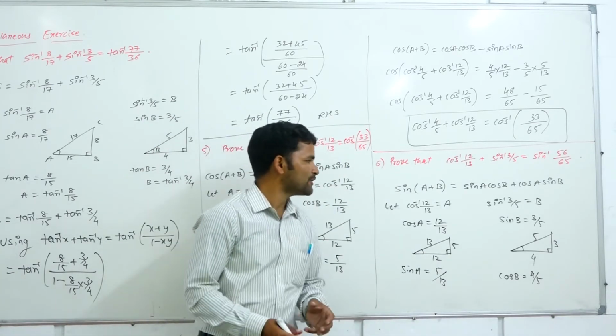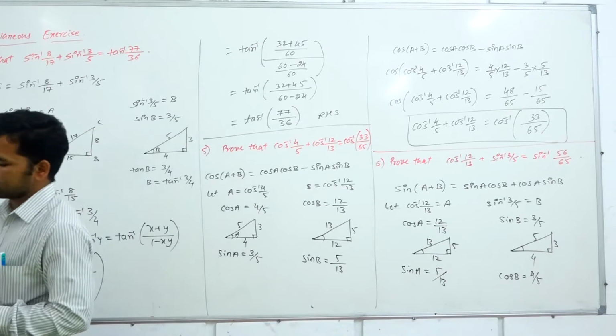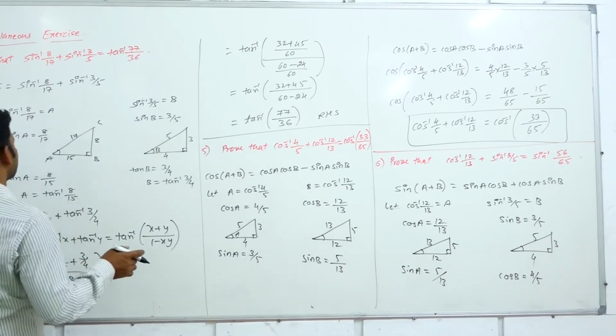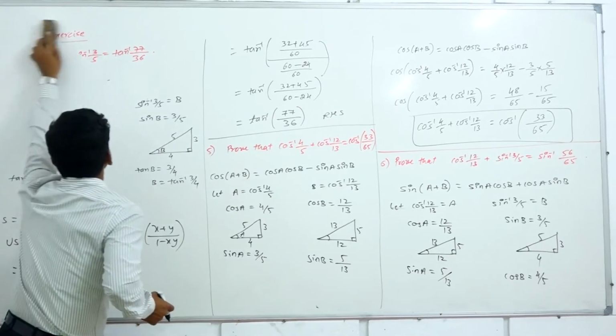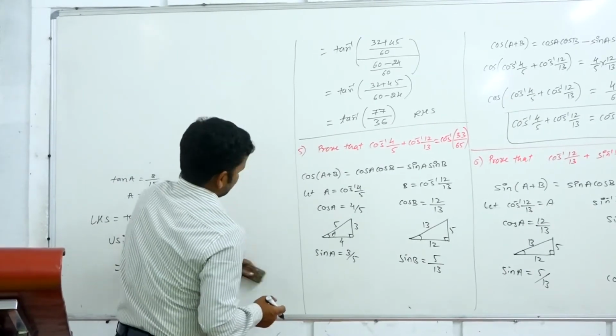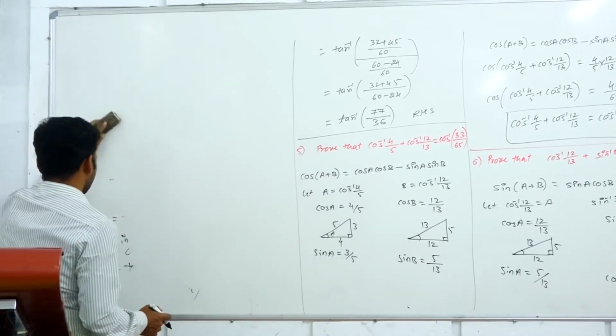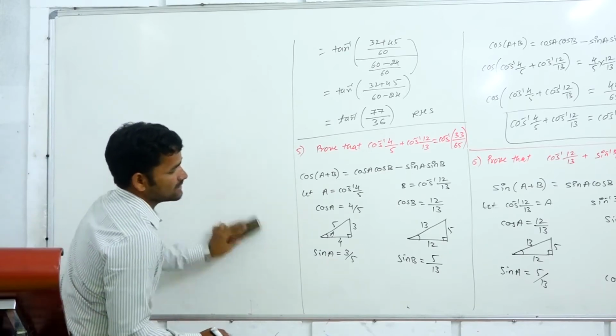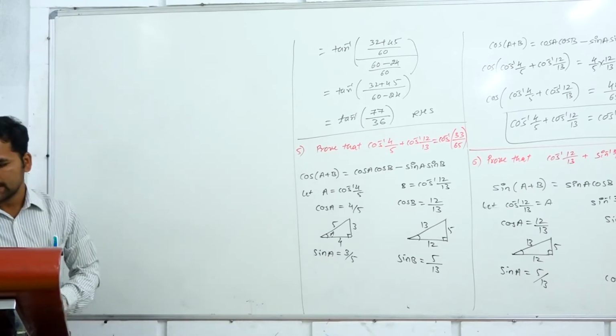Okay, we got the value of sine A, cos A, sine B and cos B. Now substituting in the equation we consider. What is that?